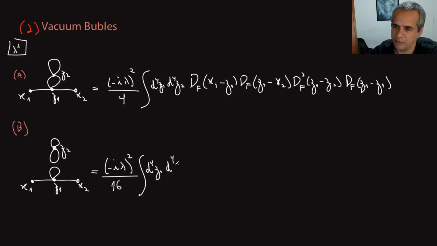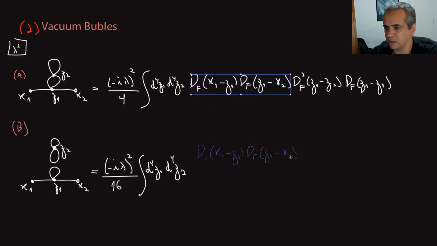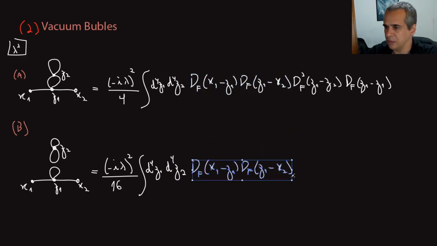The rest is quite similar. I just have to write all the Feynman propagators. So this is all the same. But now I have a propagator, actually here was Z2, from Z2 to Z2.